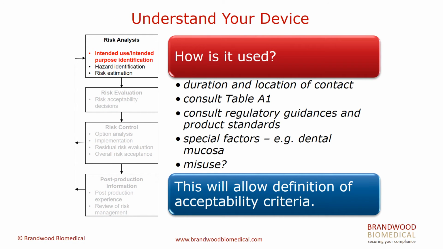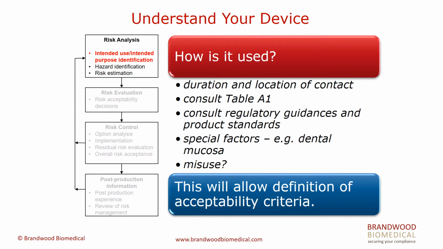So let's start off with risk analysis. Risk analysis begins with thinking about the intended use, the intended purpose of the device, and how it's used. So it's really about understanding the device. We need to first of all think about duration and location of contact. Consult Table A1, which tells you what sort of toxicology endpoints you need to be thinking about, but also consult regulatory guidances and product standards, which may give more specific information.